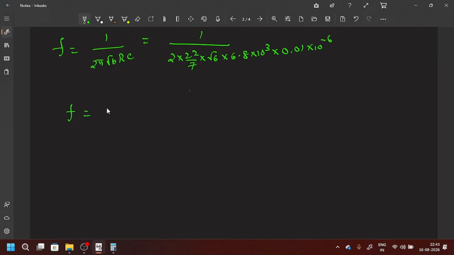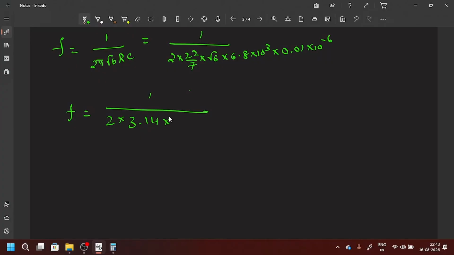So first of all, 22 by 7. Let us resolve these. 22 divided by 7 will give you 3.14. It's a correct value, 3.14 multiplied by square root of 6.